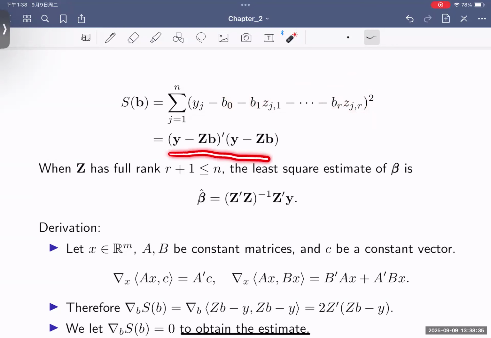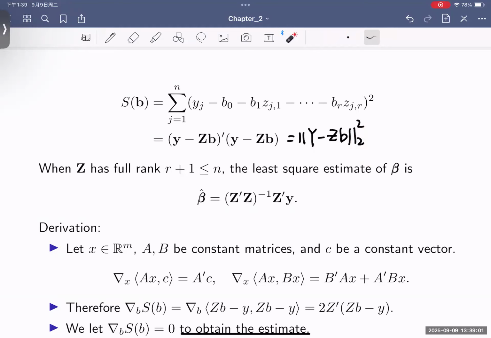It can be formatted as y minus Zb transpose times y minus Zb. It's the same as what we have written down before. The norm, sometimes I prefer to use the subscript 2 here, because later on we will have the 1 norm. But it just stands for the Euclidean distance, the same as the norm we have shown on the earlier page.